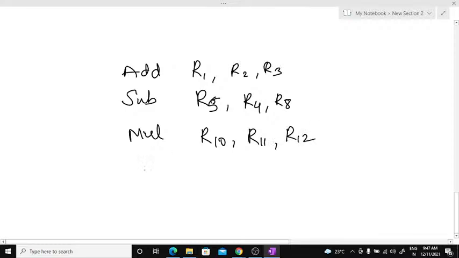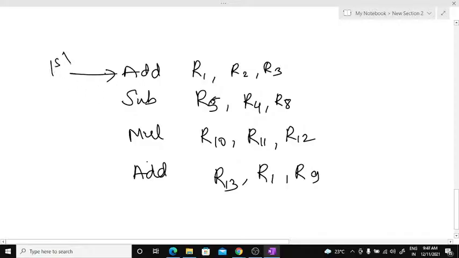Then again there is an add, using R1, then R9, then R13.